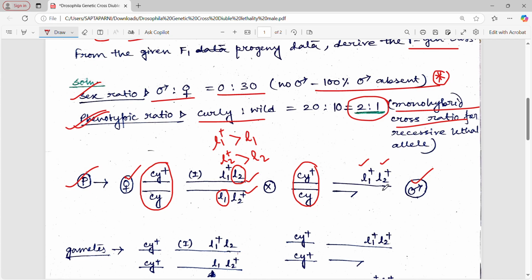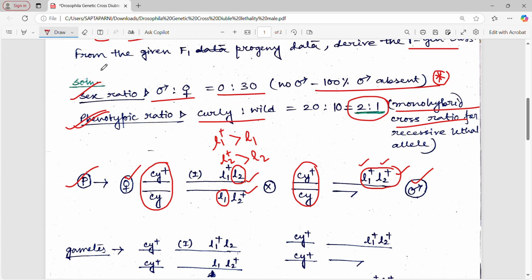So to complement the absence of L1, there would be no L1 plus on another X chromosome, because males have only one X chromosome. So for males we have to take both the lethal alleles in wild type form, otherwise the male cannot survive. Got it?